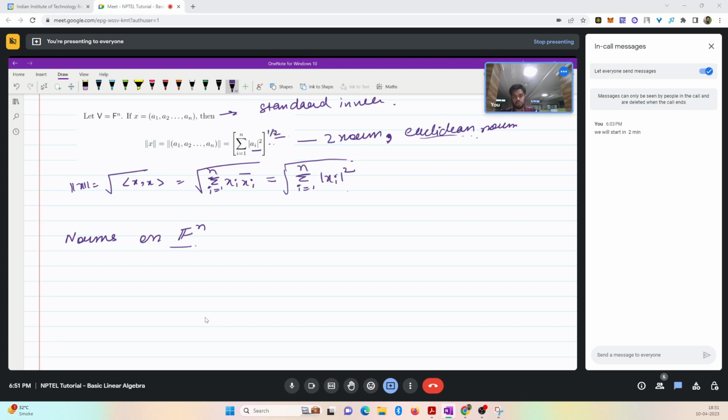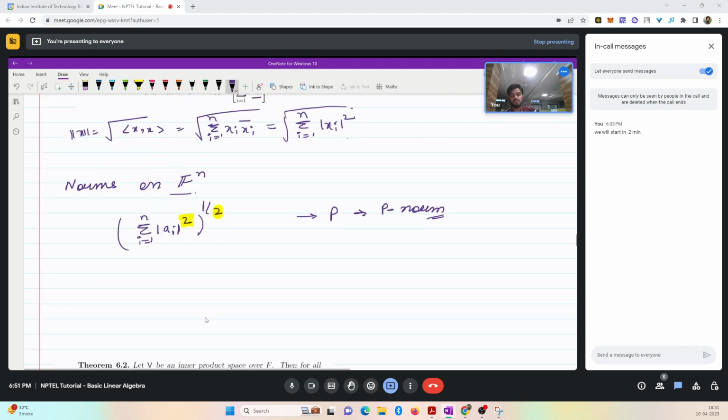Why is it called the 2 norm? Because we have 2 over here at both these places. If we now replace this 2 by some p, then that norm is called the p norm.